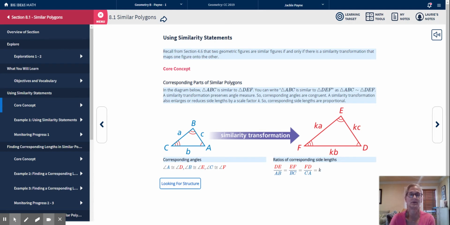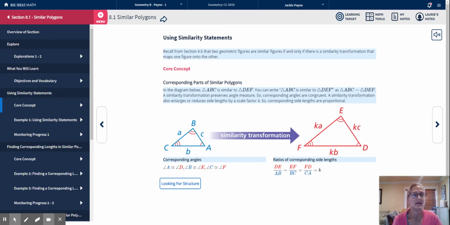Corresponding parts of similar polygons. In the diagram below, ABC is similar to DEF. You can write that triangle ABC is similar to triangle DEF, as triangle ABC with a squiggly, and that's like the top of a congruence symbol.